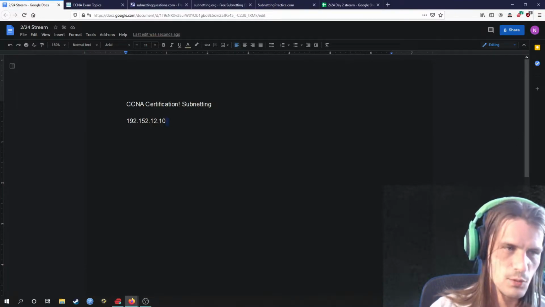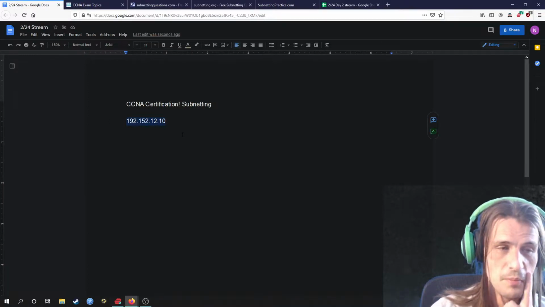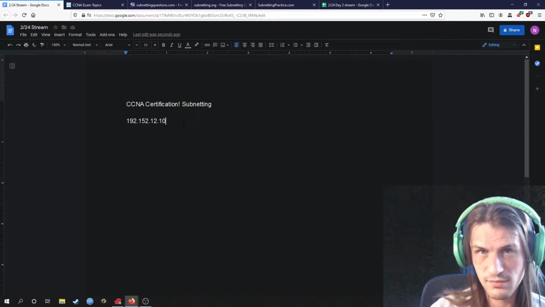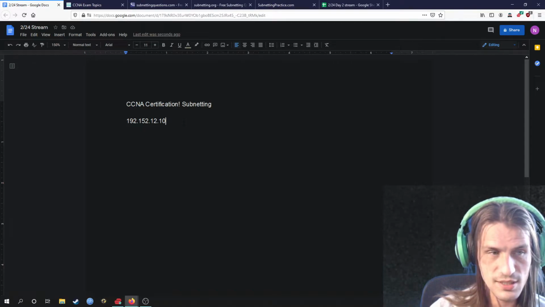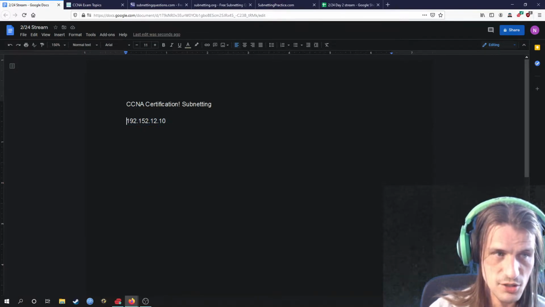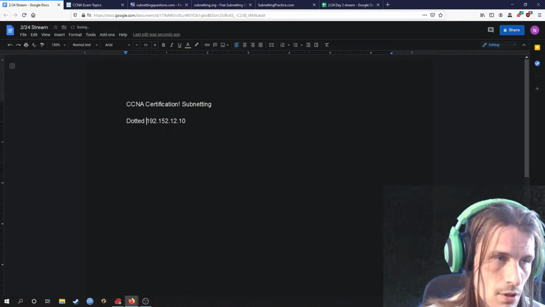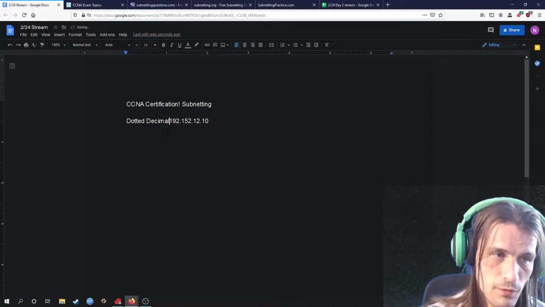All right, so when you see an IP address like this, when you pull it up in your command prompt or wherever else you see it, if you're grabbing packets out of the air and looking through them, you'll see IP addresses, ports. This is how they're notated. This is known as the dotted decimal form.